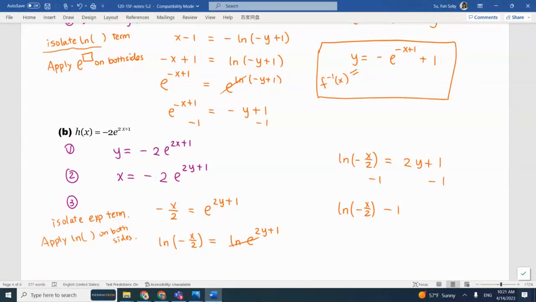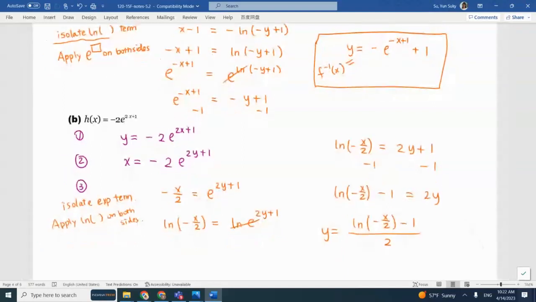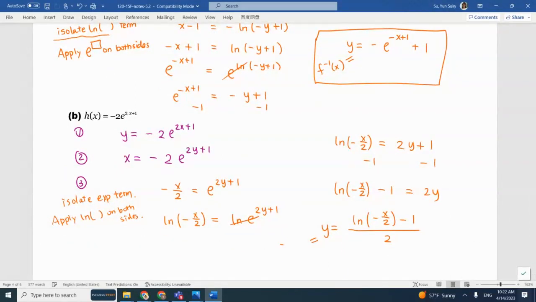So don't forget your parentheses. You get 2y. What's y? Divided by 2. Yes. So it's ln of negative x over 2 minus 1, all divided by 2. So this is the f inverse of x.